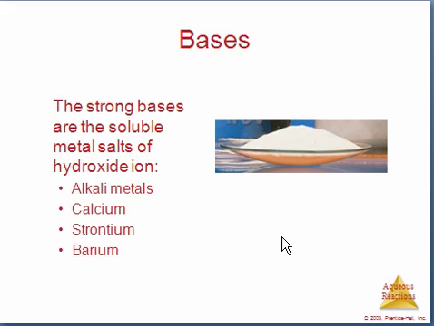Now, the 7 strong bases that you must know are the soluble metal ionic compounds of the hydroxide ion and the alkali metals, the first column of the periodic table, and calcium, strontium, and barium, the heavier alkaline earth metals.